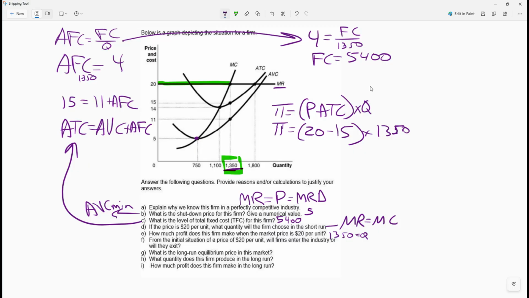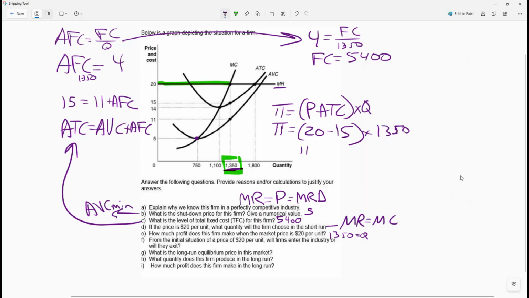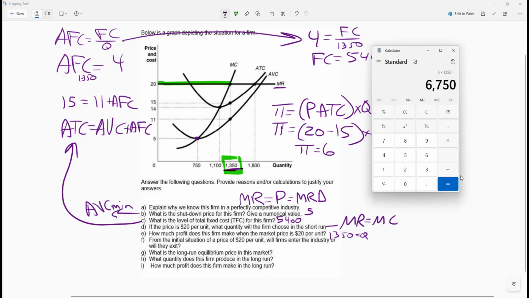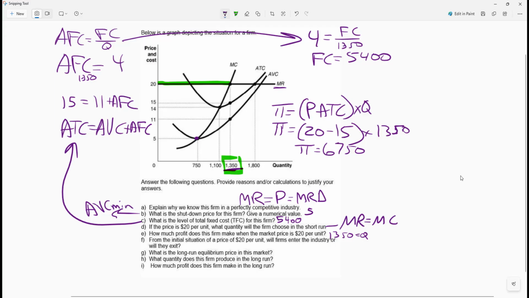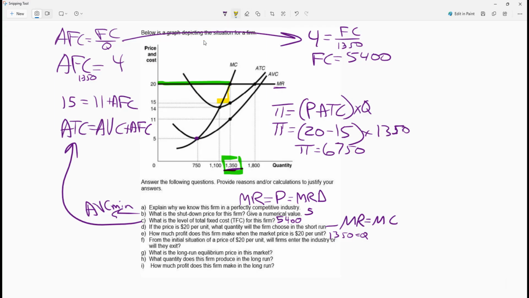So it's 5 times 1,350, which is 6,750. So profit is 6,750, which is also, let me shade that, the area of this. Sometimes on the AP exam, you've got to shade what's going on. So this would be the profit when the price is 20.